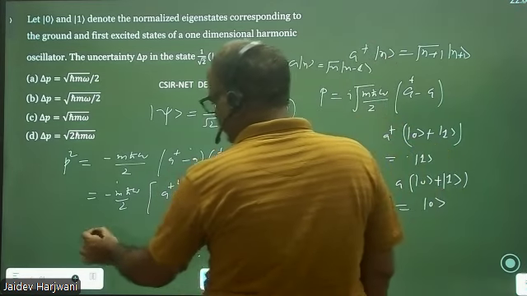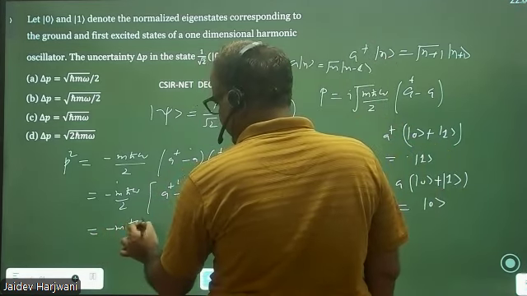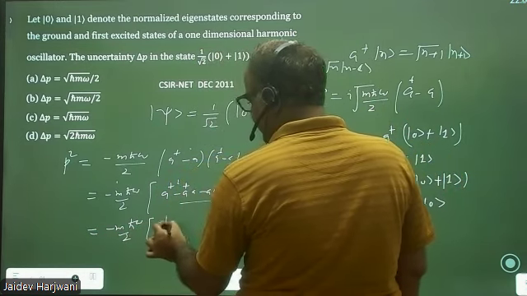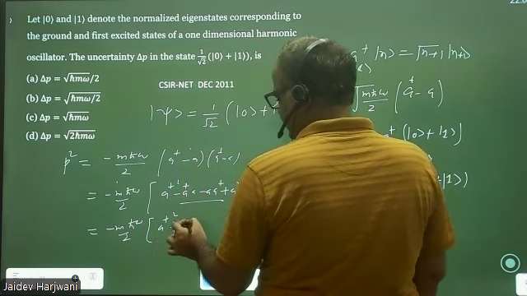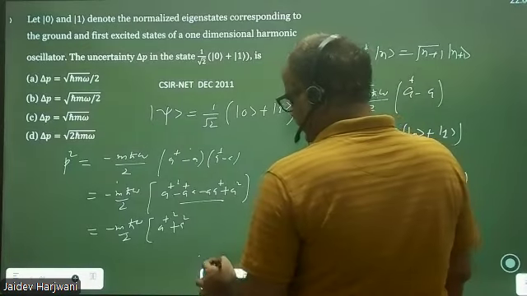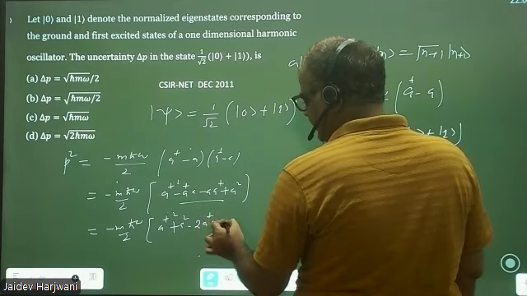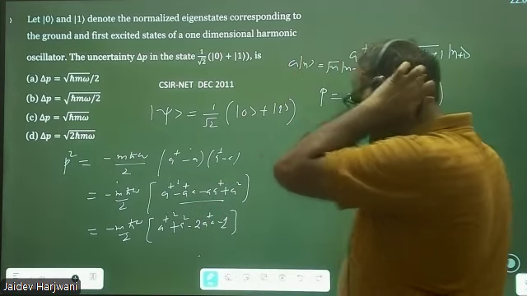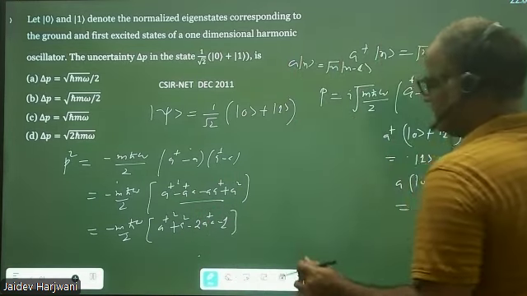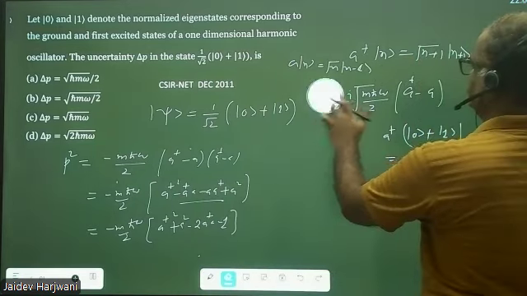We can write a dagger square as the raising operator and a square as the lowering operator, and the middle terms we can write in terms of the number operator. We have done this many times. So this is your p square.